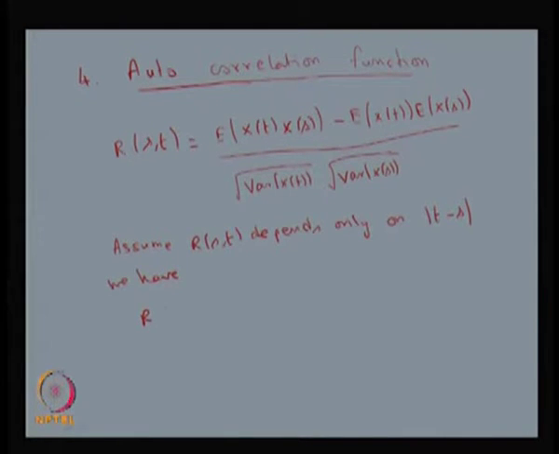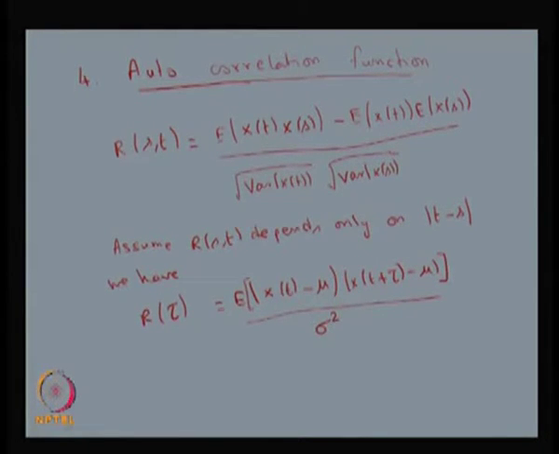R of, instead of two variables, I can use one variable, R of tau, that is nothing but the expectation of x of t minus mu multiplied by x of t plus tau minus mu, the expectation of that product, divided by sigma square.